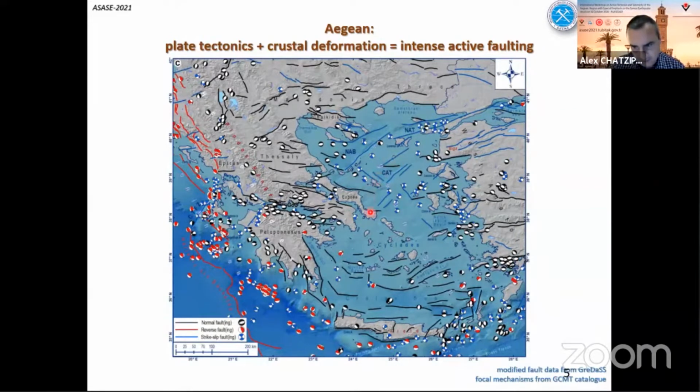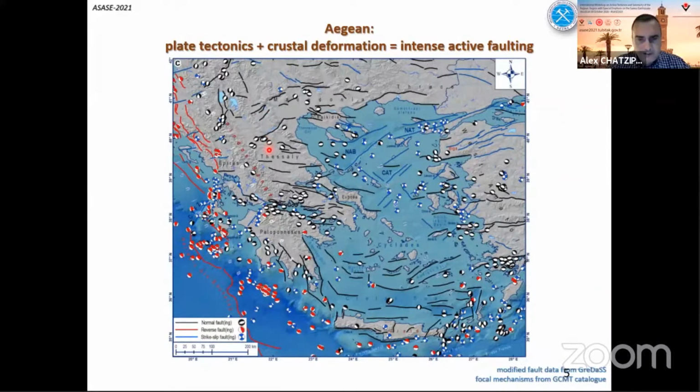You can see here the red focal mechanisms correspond to thrust faults, to reverse faulting earthquakes, the blue ones to strike slip, and the black ones to normal faults.